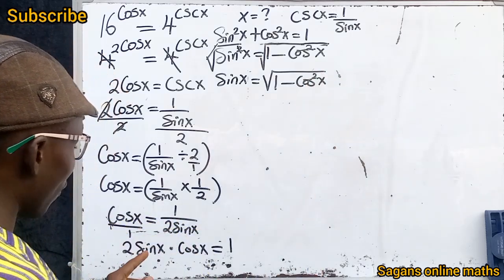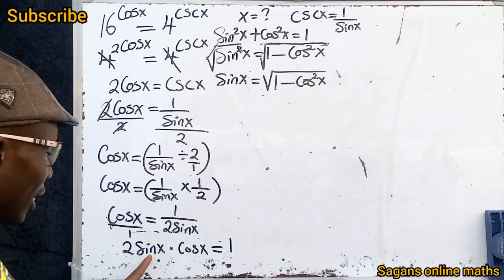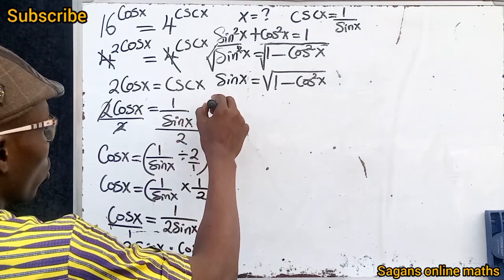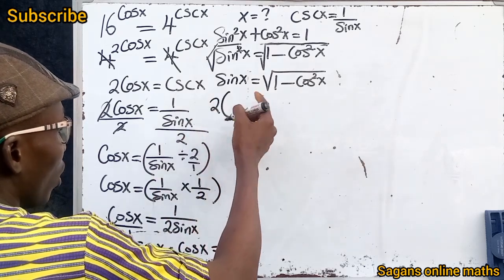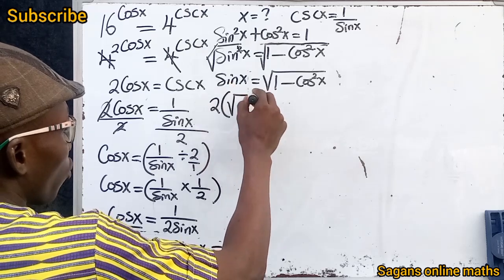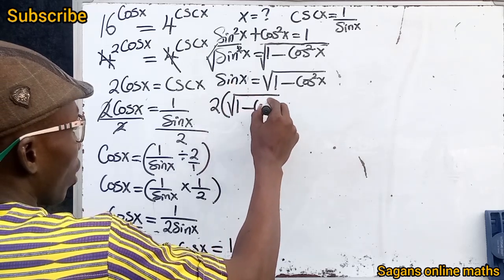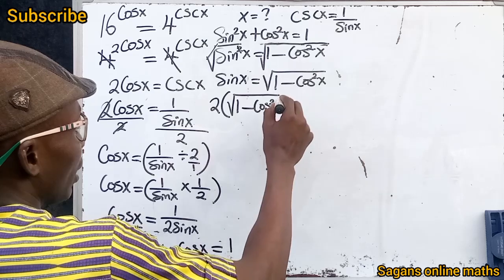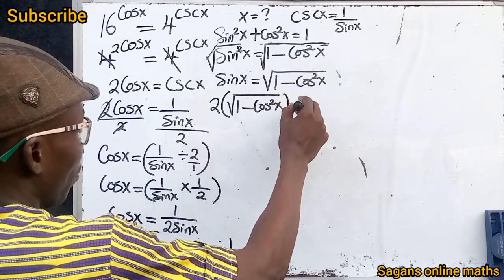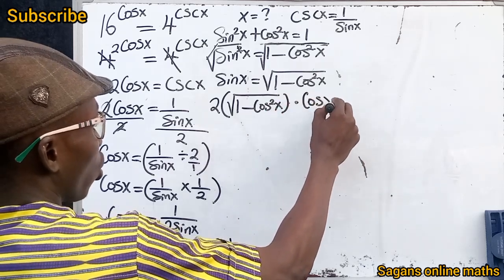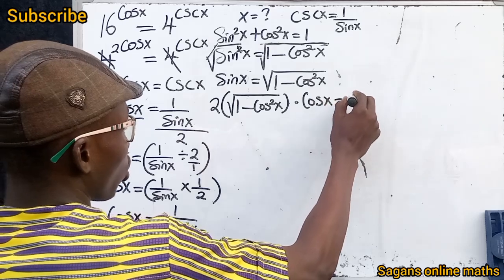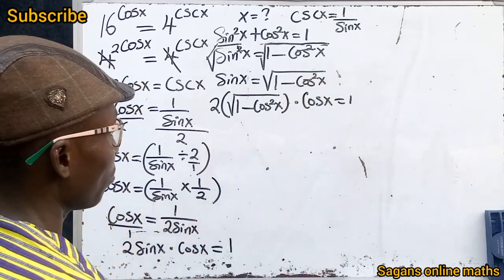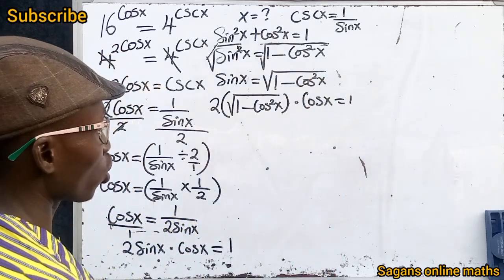Now look, we're having sine here, and we're having 2. So this now becomes 2 into sine, and sine is the square root of 1 minus cos square x, then multiplied by cos x, equals 1. Now consider something common in here.